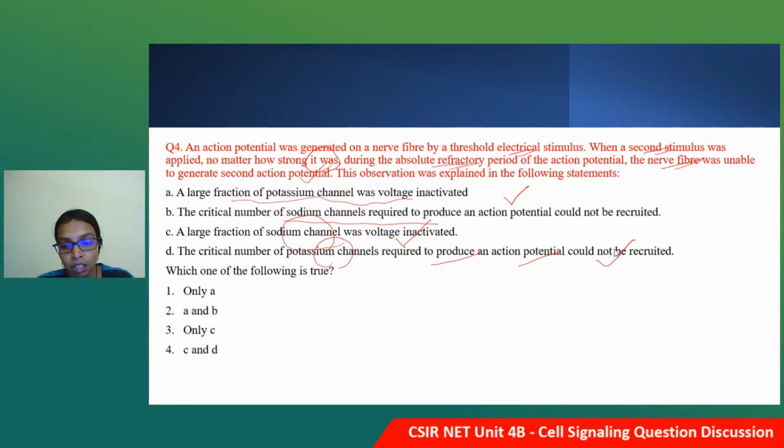Now, for this, you must be familiar with the graph of the action potential, resting membrane potential. Yes, what should be the correct answer over here? Reshma and Sunshine have given the answer.